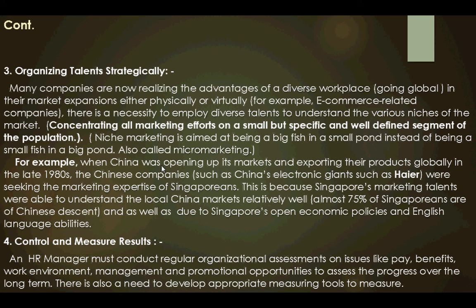This is because Singaporean marketing talents are able to understand the local Chinese market relatively well, and due to Singapore's open economic policies and English language abilities, which helped the Chinese adapt their policies to go global.